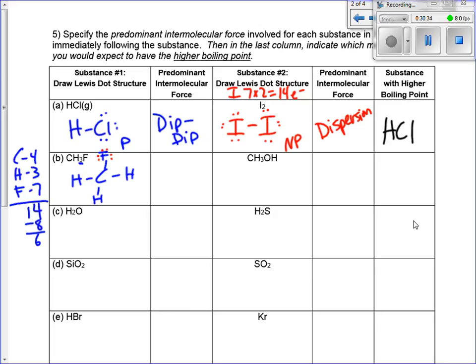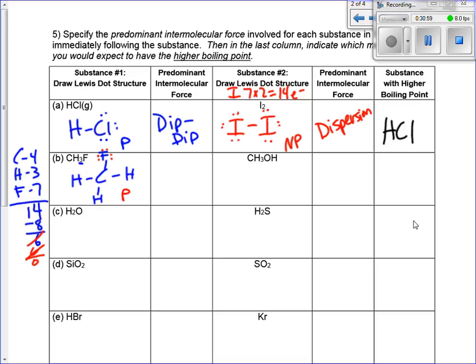Now looking at it, is that polar or non-polar? Are the ligands the same? No, the ligands are not the same, so therefore this is polar. But now let's look at the bonds. We have H's and F's in here, so we have to be very careful.